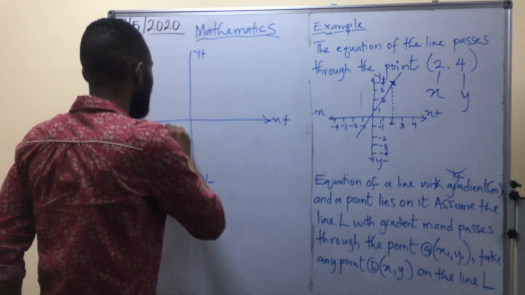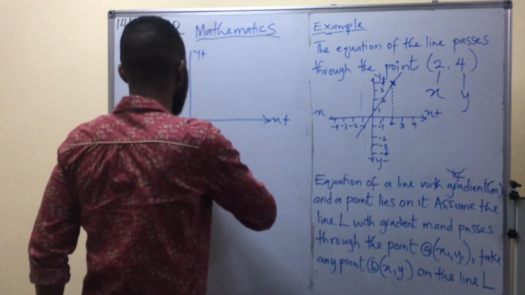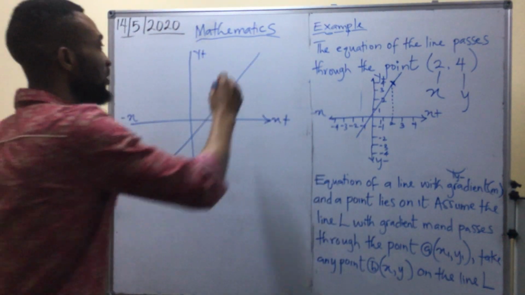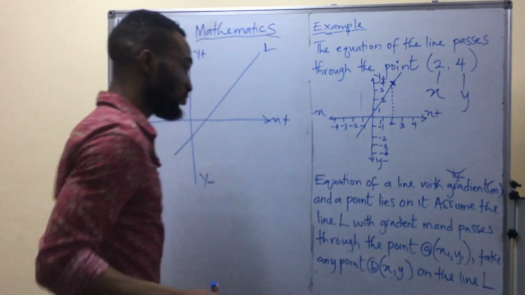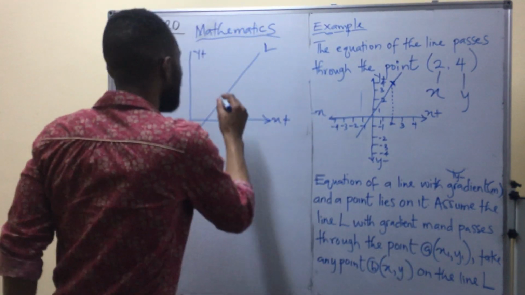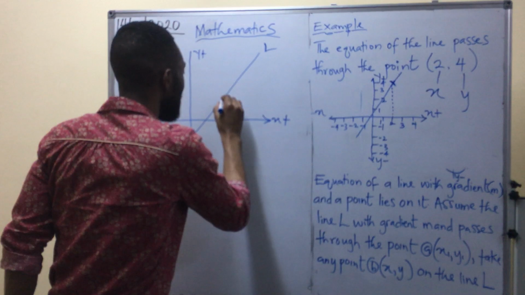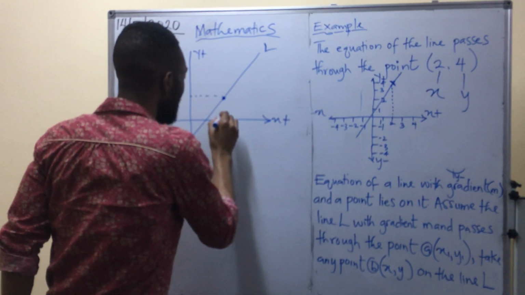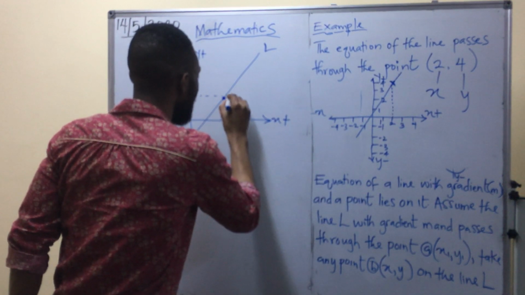Let's call this one L. Then it passes through the point A. Let's say this is point A. It meets at, this is point A.